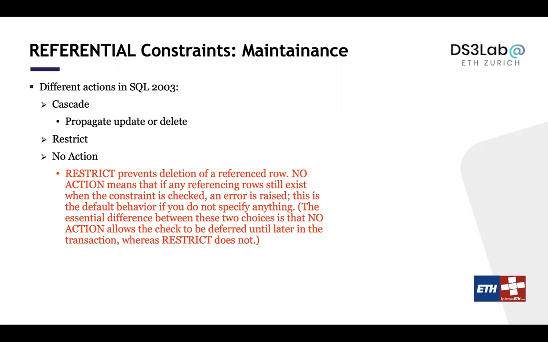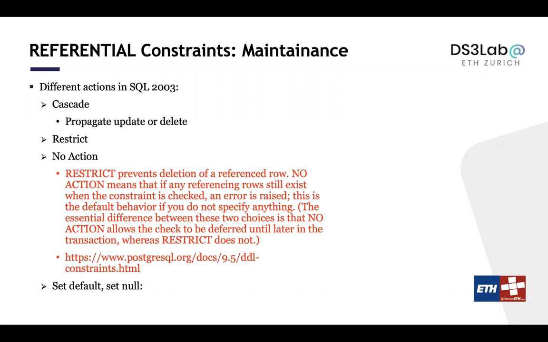No action means that if the referenced row still exists when the constraint is checked, you'll have an error. The difference is that when you do no action, it's going to wait until the end of the transaction, which you can think of as a group of updates, to check it. When you have restrict, it will not wait. That's the difference, and you can read about that in this link.